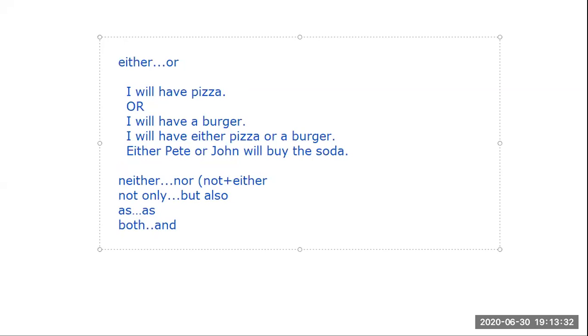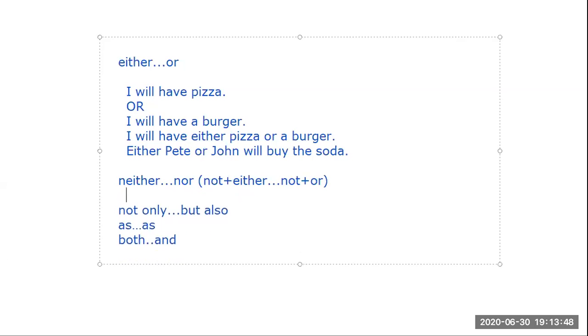Neither is like not either, and nor is like not or. He likes neither cheese nor cake.